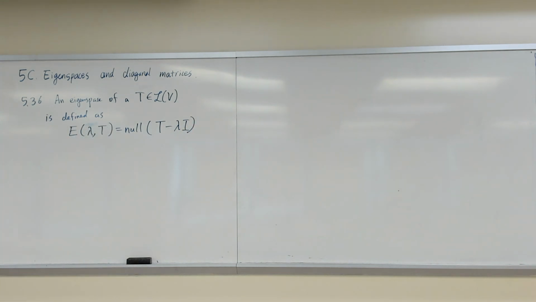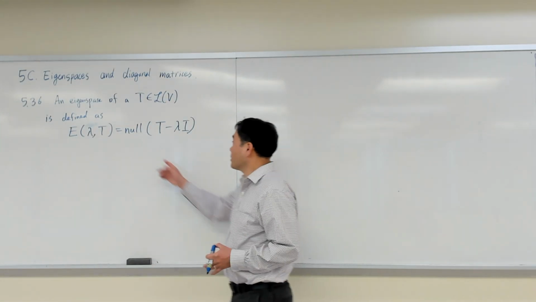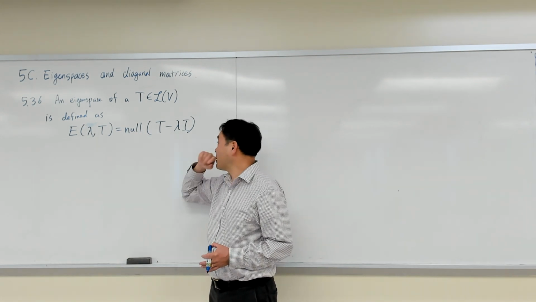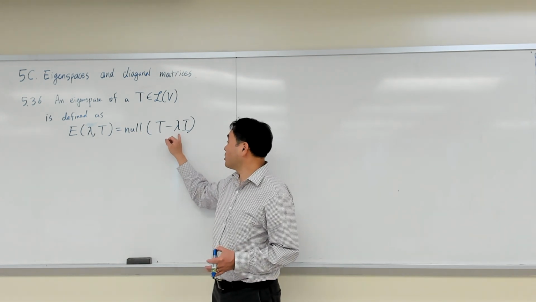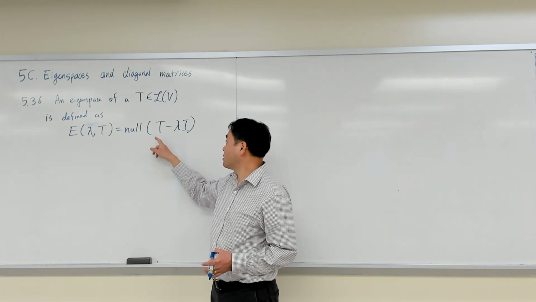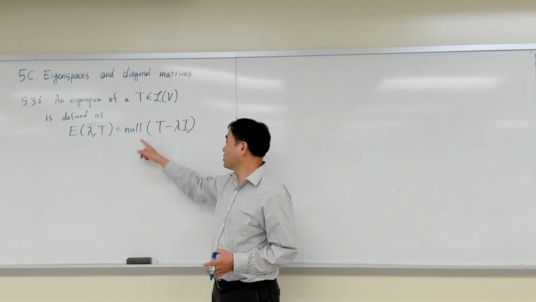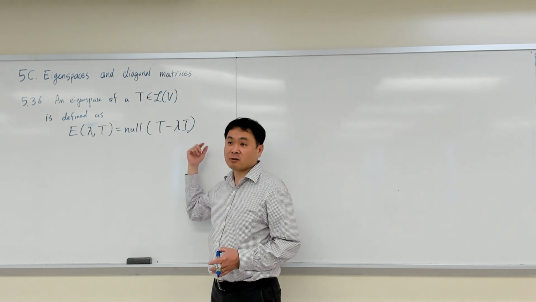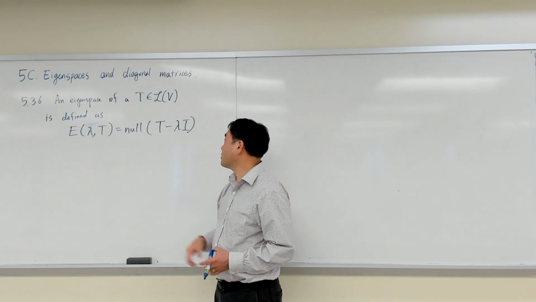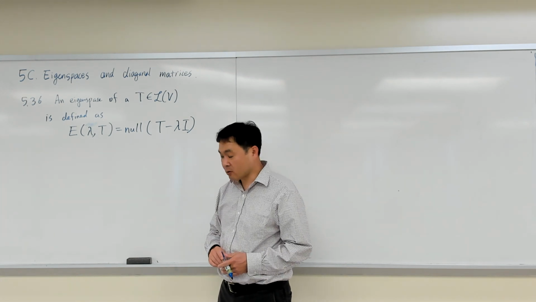Now, what should be immediate here is that you should recall our previous section where we defined the eigenvalue of an operator as a scalar value where the null space of this is non-zero. Okay? If it's not the trivial subspace, then this was called an eigenvalue, right?